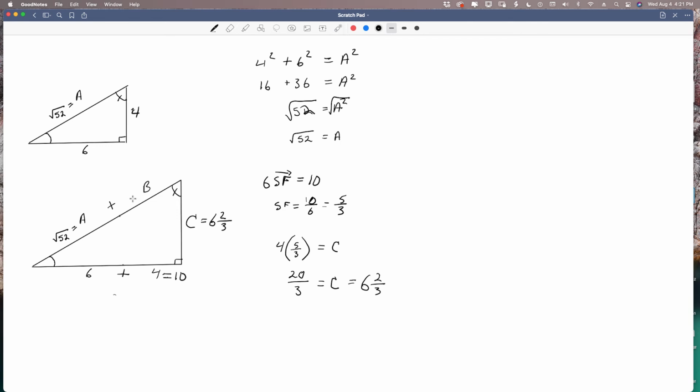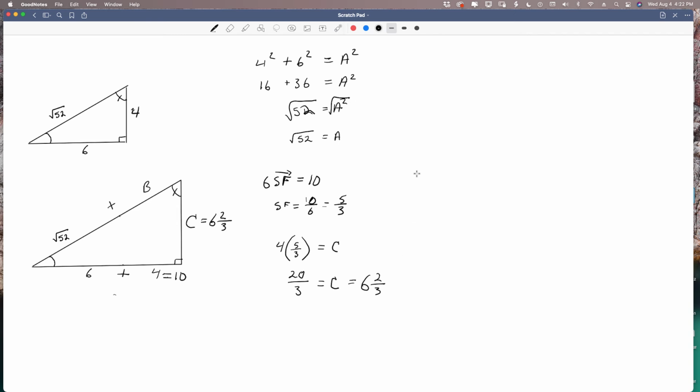So we know that B, let's erase this. We know that B is the square root of 52, or we know that this side is the square root of 52 plus B, right? And that this is just the square root of 52, right? So let's use our scale factor to figure that out.